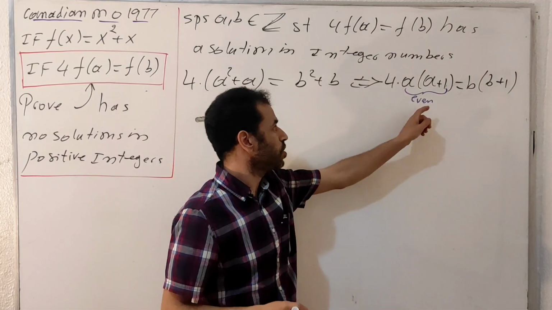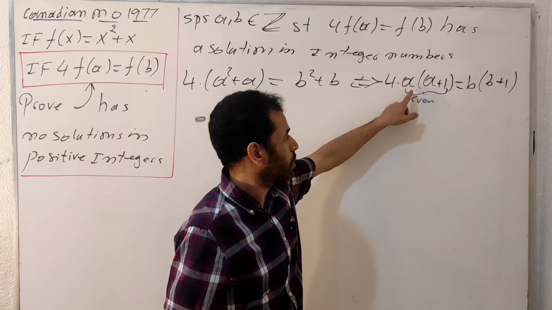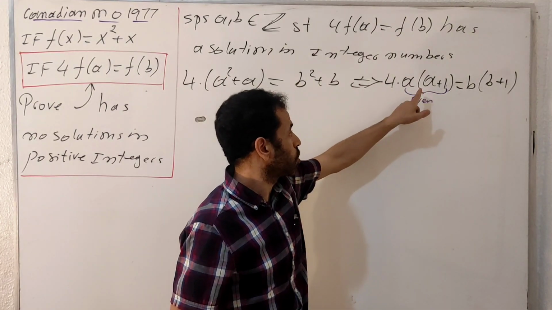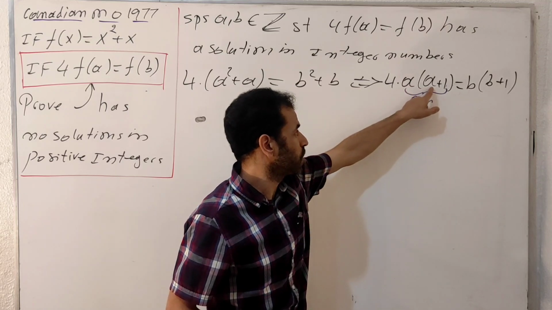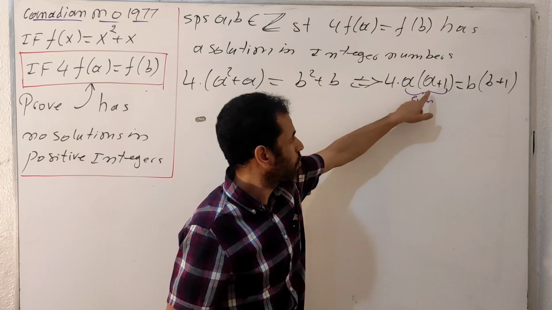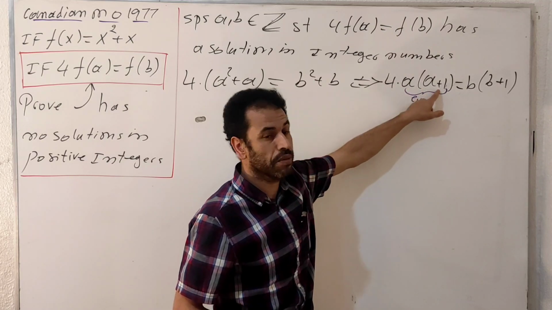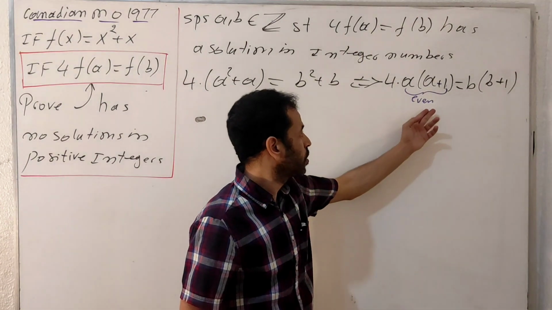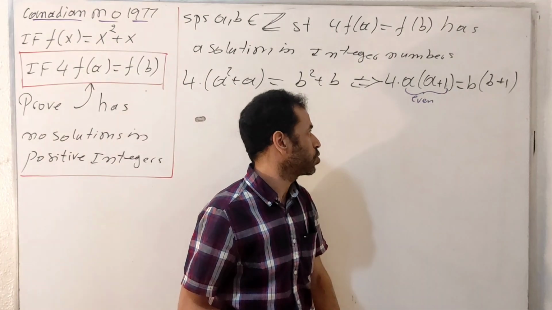Why is it even? Because we have a product of consecutive integers. If a is odd, then a plus 1 must be even. If a is even, then a plus 1 must be odd. So the product of an even and an odd is going to give us an even.